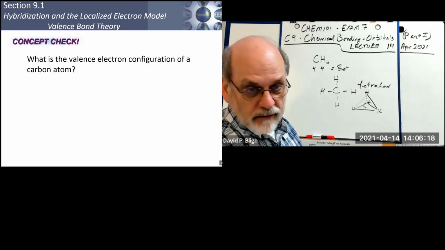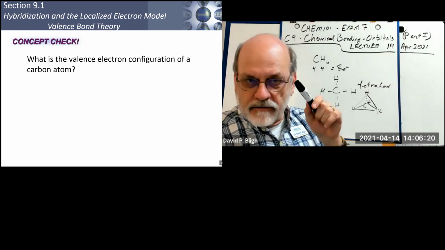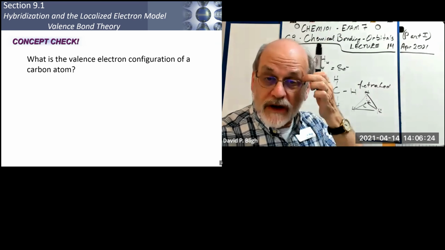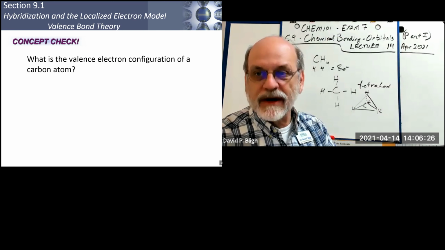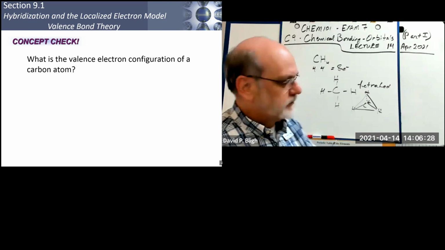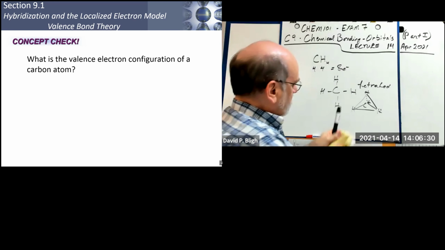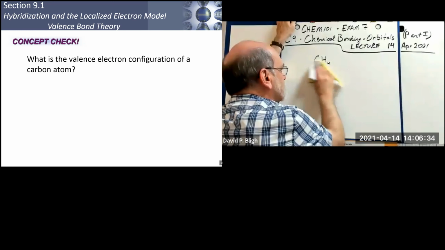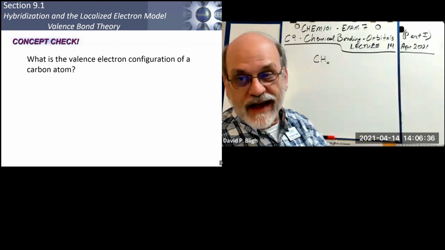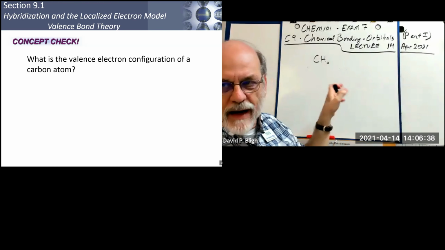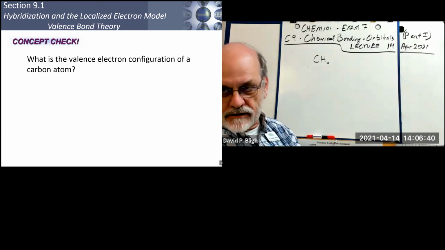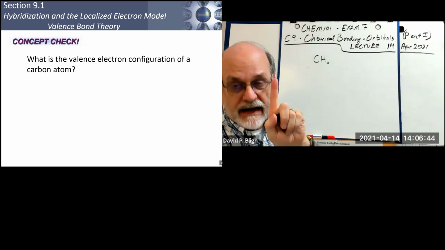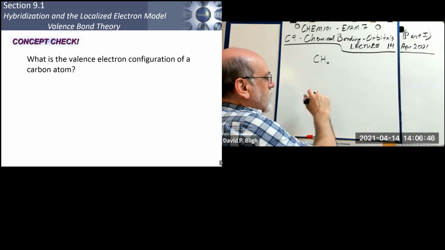Okay, here's the problem. The valence bond theory says that you get bonds when orbitals, atomic orbitals, overlap. So let's look at it this way. What orbitals are going to overlap? Well, you're going to have carbon overlapping with 4 hydrogens. So it's got to have one for each of the hydrogens because they're single bonds. Okay, so let's look.